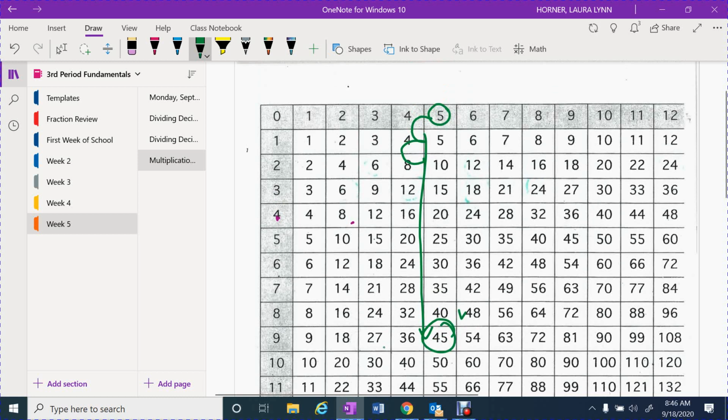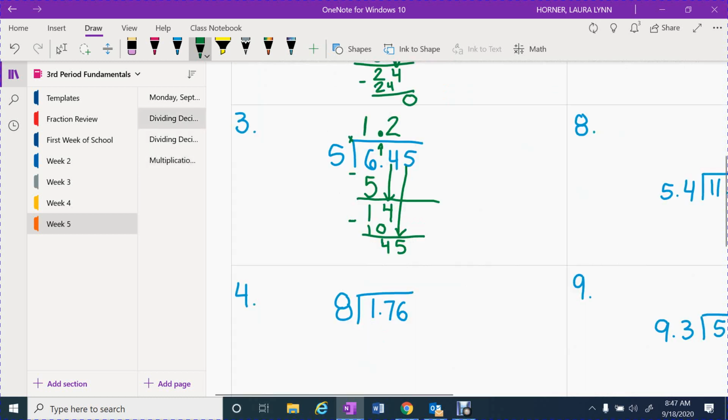We have 1, 2, 3, 4, 5, 6, 7, 8, 9. It took us 9 jumps to get there. So I put a 9 at the top of my house. 9 times 5 is 45. When I subtract, I get 0. So that means my final answer is 1.29.